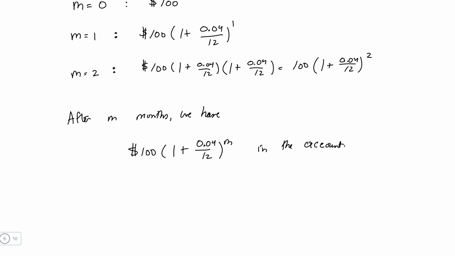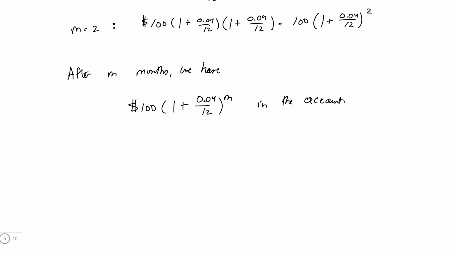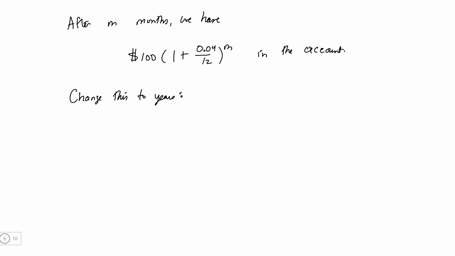So now if we want to compare this, let's change this to years. So notice m months, if we want to put this in terms of years, m months is 12t if t is in years.